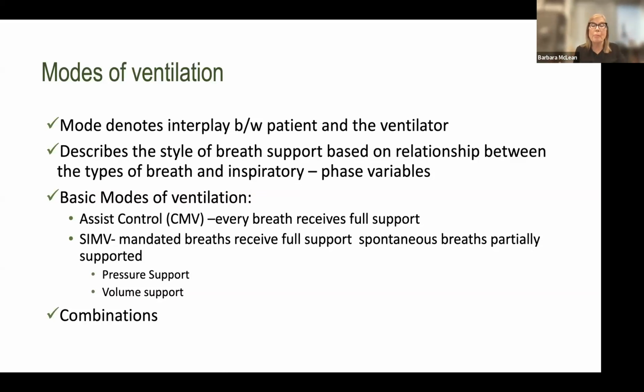We no longer put patients on SIMV without some kind of support. So the support that we're going to give a person who has SIMV is every mandatory breath, that's the rate we set down at the bottom, every mandatory breath gets full support, and their spontaneous breaths get partial support.